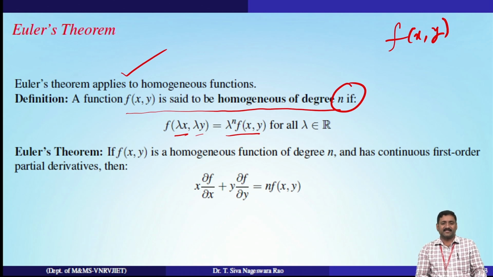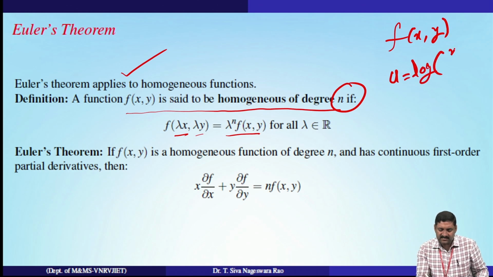Now what is Euler's theorem? I already told, if you want to define Euler's theorem, the given function should be a homogeneous function of degree n. Sometimes what will happen, assume that I am given a function like this, u is equal to log of x square plus y square divided by x cube plus y cube.